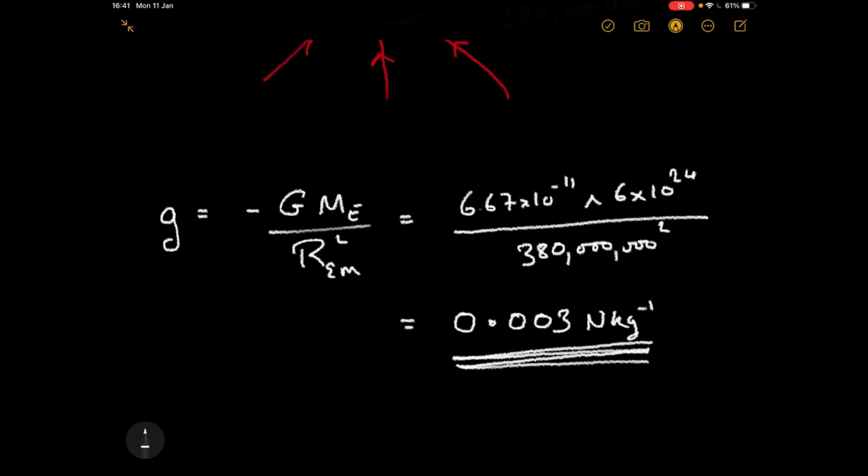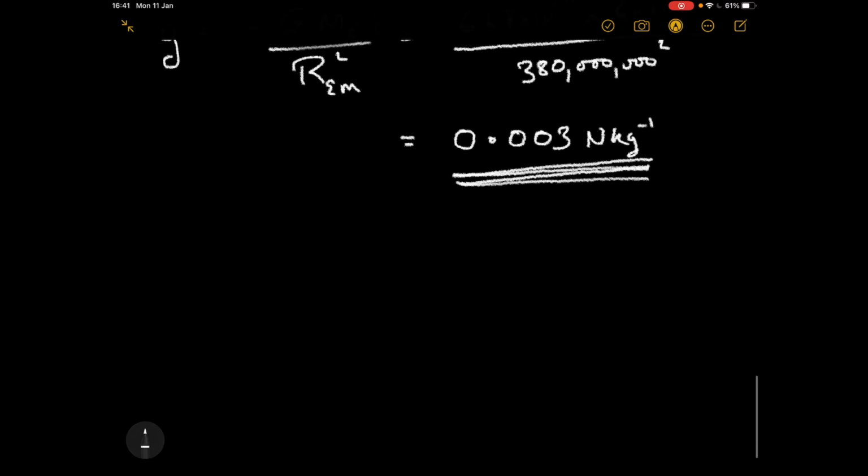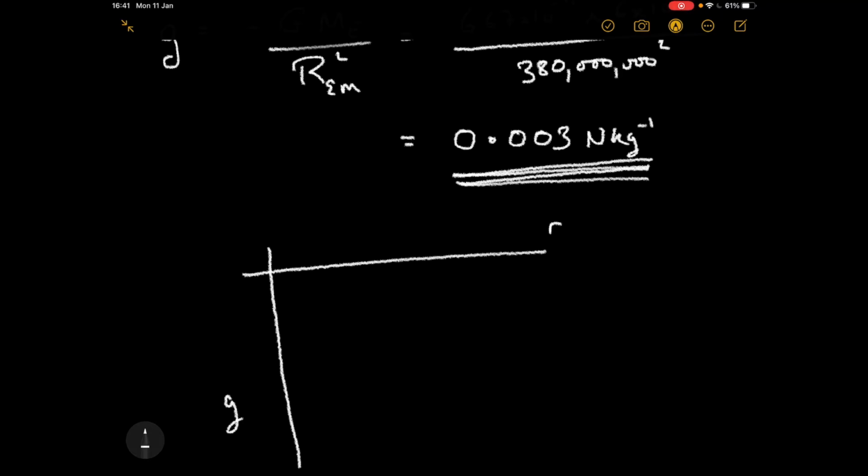So what this means is that if we go away from the Earth, or away from any planet really, what will happen is that if this is the force of gravity and this is our radius, we get a curve that's doing this.